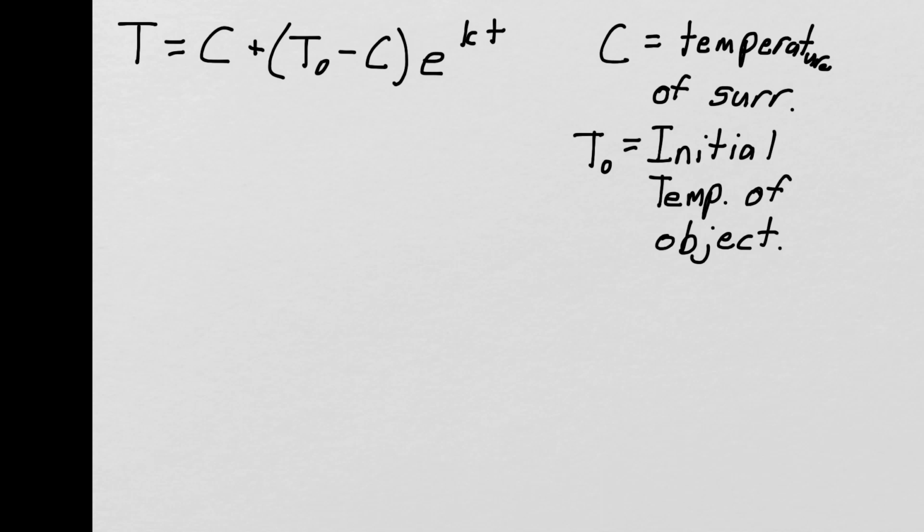So the example that I have here talks about a cup of tea with an initial temperature, so T0, of 102 degrees Fahrenheit. And that's going to be placed in a freezer with a temperature of 0 degrees Fahrenheit.